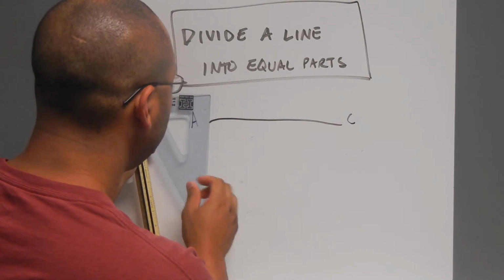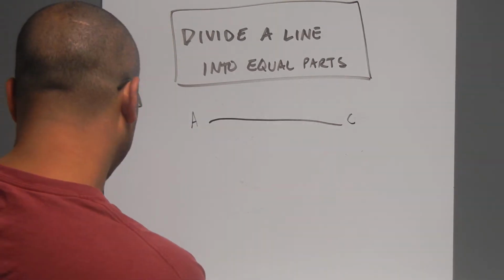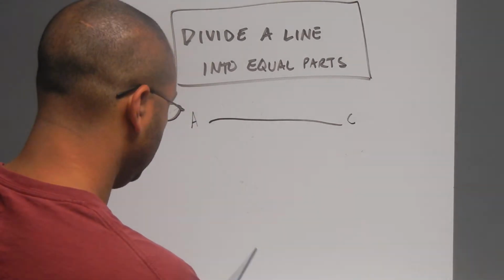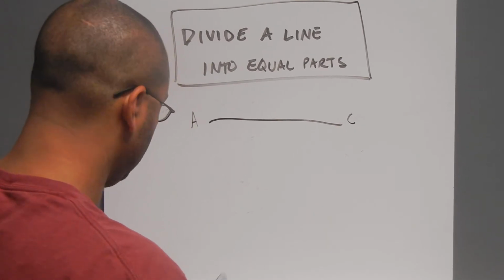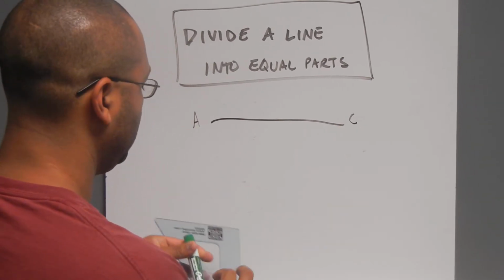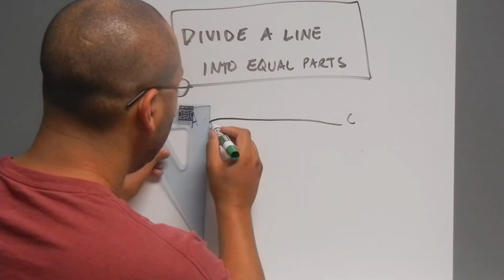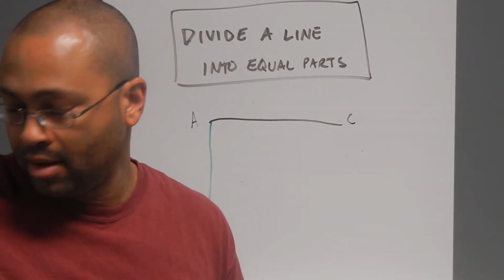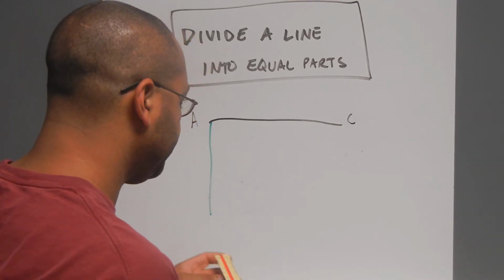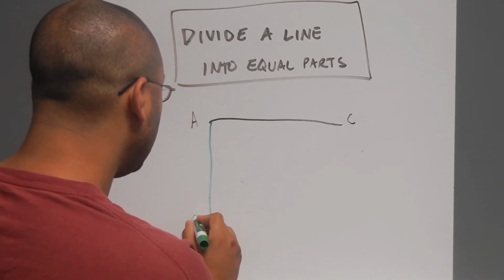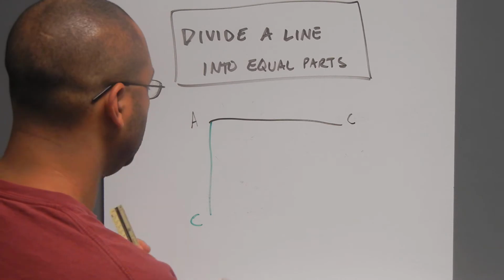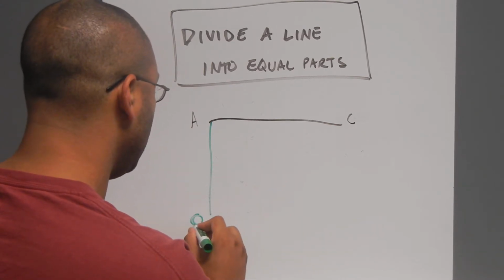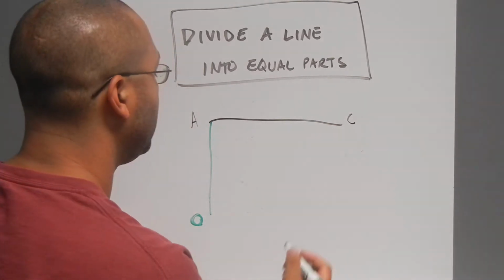I'm going to take my triangle and draw a perpendicular line. Okay, I'm actually done with my triangle now, and I've got line AC, or I should say in this case AO, because I have AC right here.